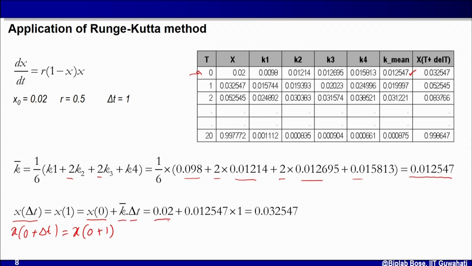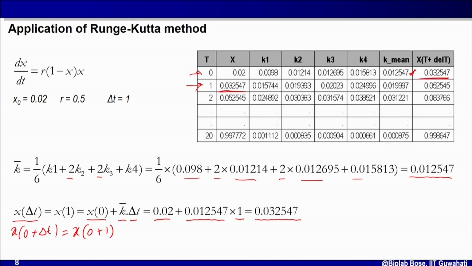X at 0 time point is 0.02. The mean slope is 0.012547. I have calculated it here into the time step 0.1. So I get a new value of x, that is 0.03257. So in the table I write at time 1 the value of x is 0.023547. I have written it here also, the same thing.